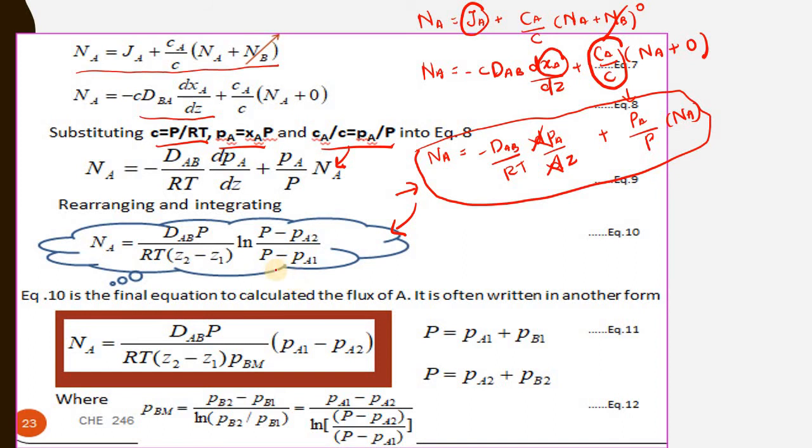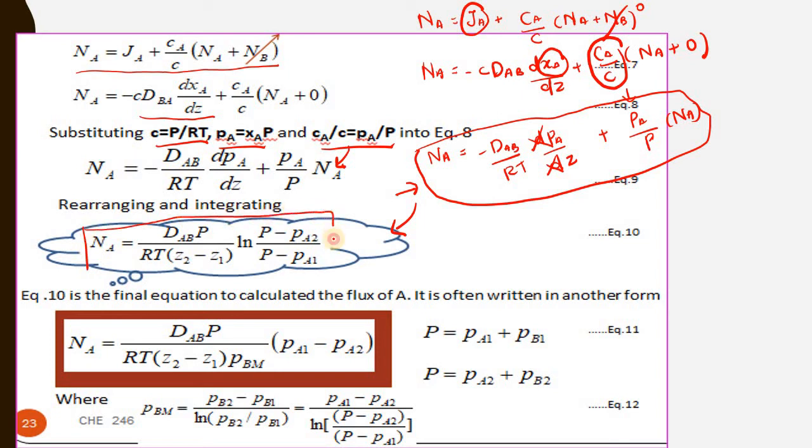Okay, I'm not going to show you the detail in the rearranging and integrating. I think it is quite complicated. So when we rearrange and integrate, you should know that it will become this equation.